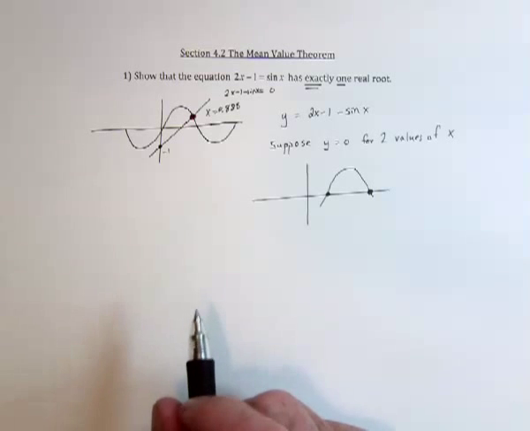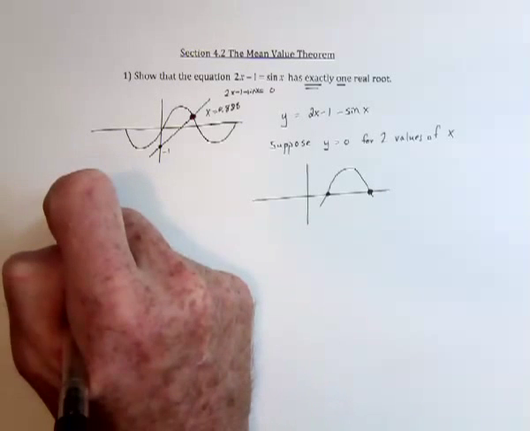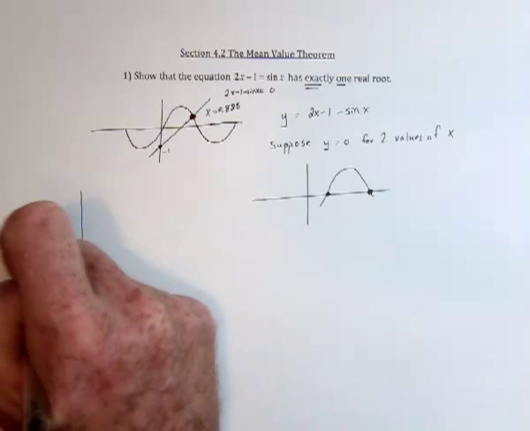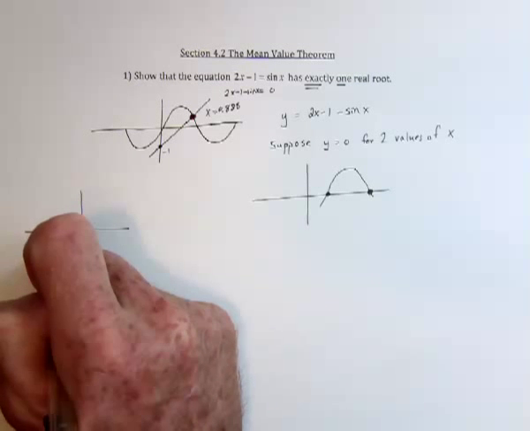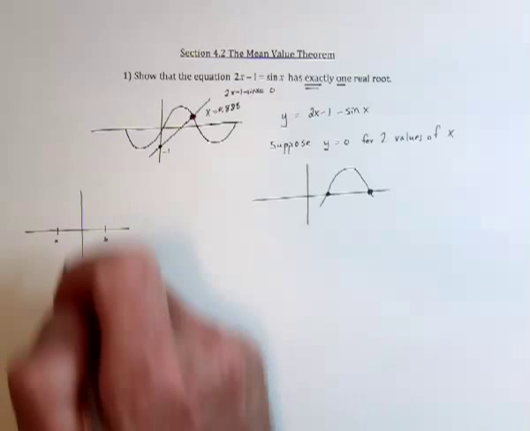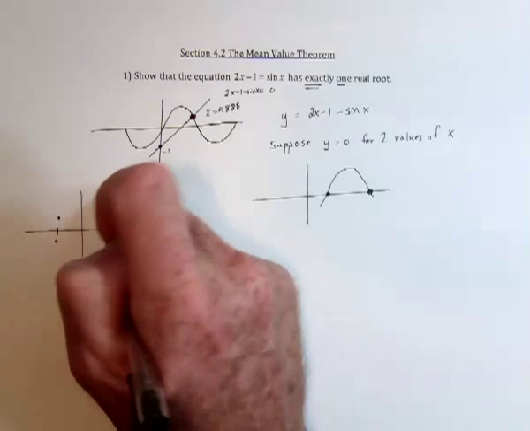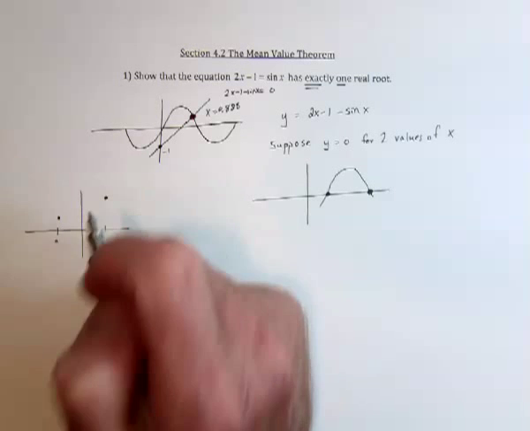Well, then the mean value theorem, okay, here's a quick sketch of the mean value theorem. It says, suppose you have two different x values, a and b, and the function is at this height for a, and let's say that it's at this height for b.